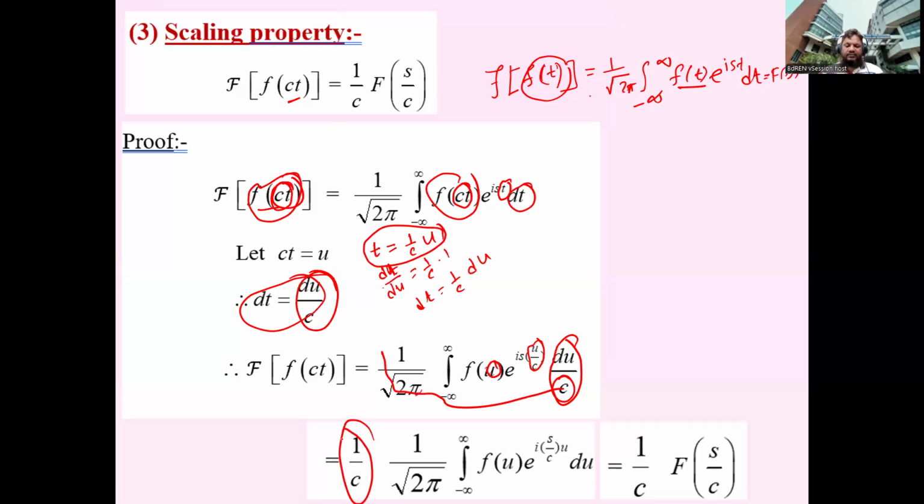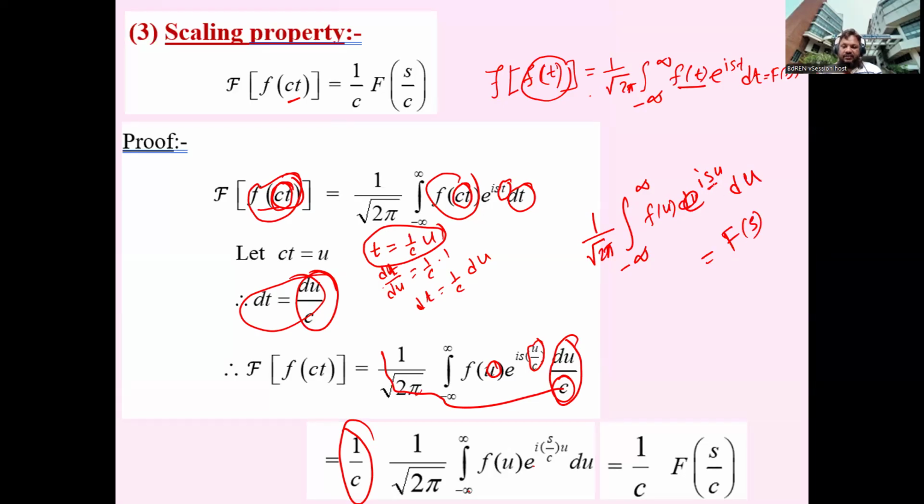That's why we write here 1 by c. And 1 by root over 2 pi, integral from negative infinity to positive infinity, f of u, e to the power i s u du, can be written as f of s.